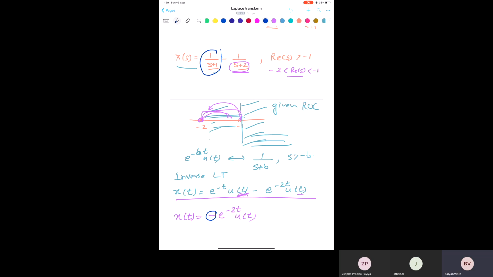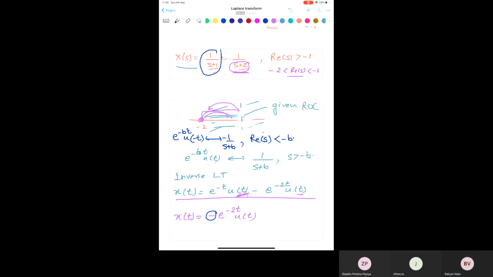Now you must remember, if e raised to the power minus b t, u of minus t is there, then the Laplace transform is minus 1 upon s plus b, and ROC is real s less than minus b.